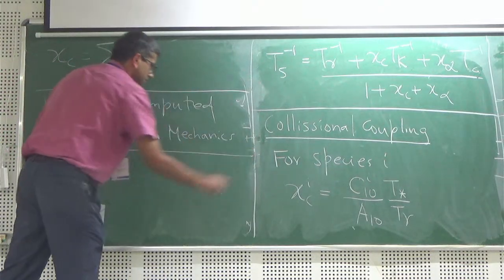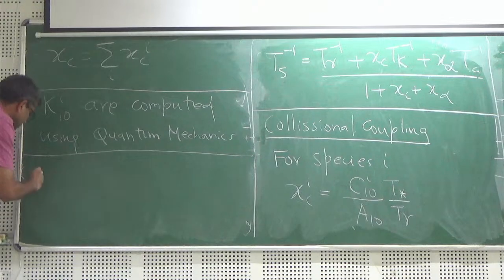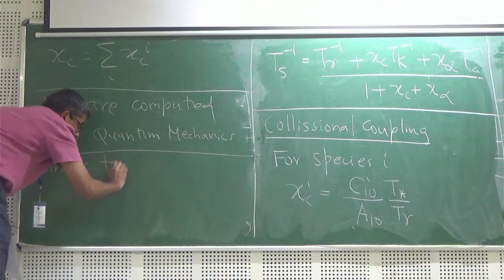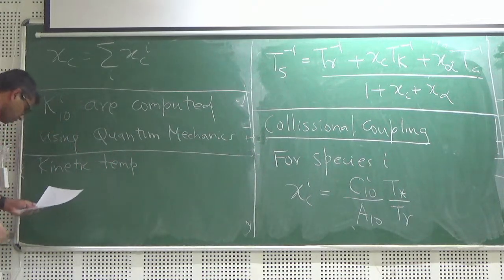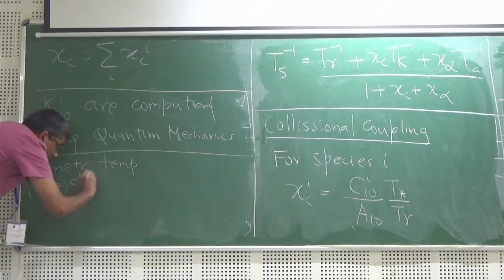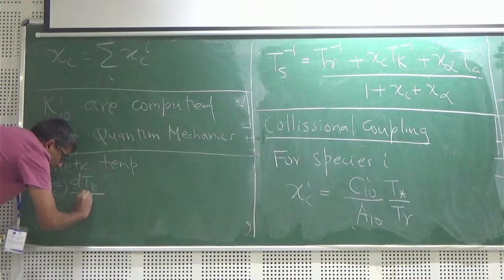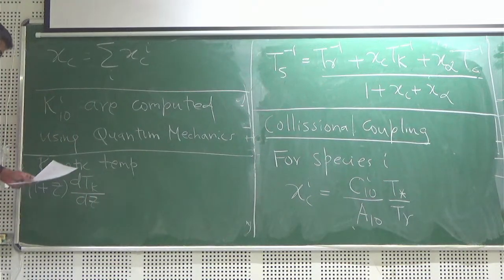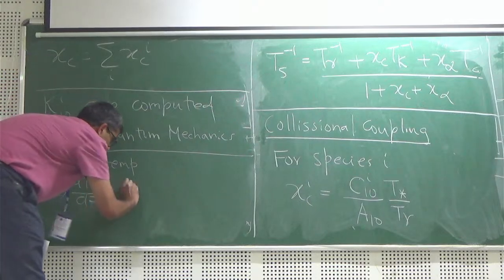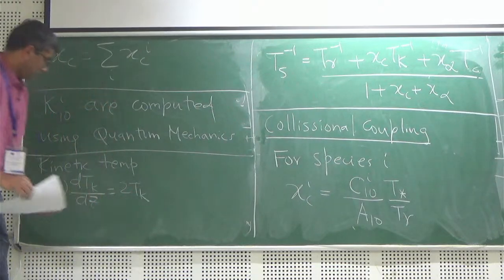And the gas temperature equation is actually rather simple. The gas temperature evolves in a very well known way, which looks like this. T kinetic derivative with z has a term that is proportional to T kinetic.